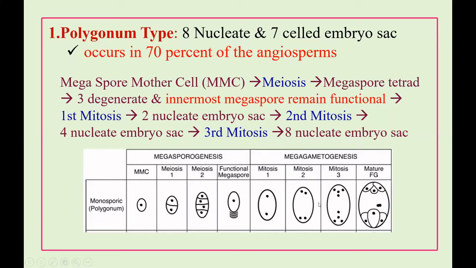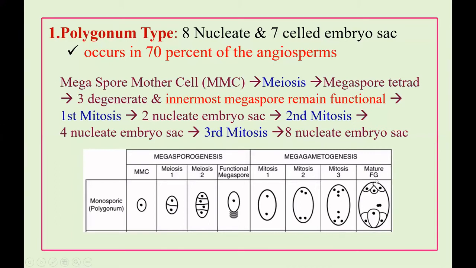In the third mitotic division, the four nuclei become 8 nuclei. Out of these 8, one from the chalazal end and one from the micropylar end come to the center and form a central cell, and these nuclei are called polar nuclei.